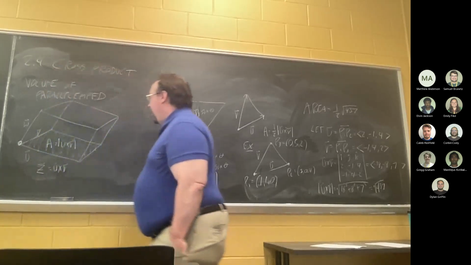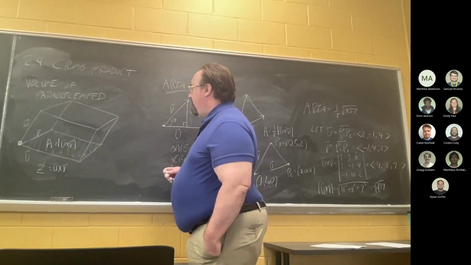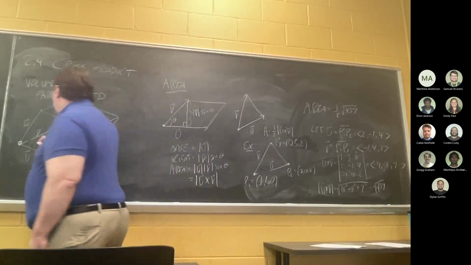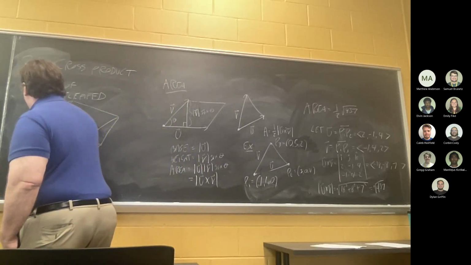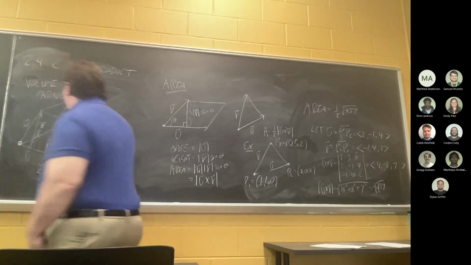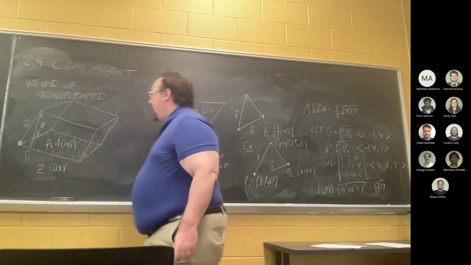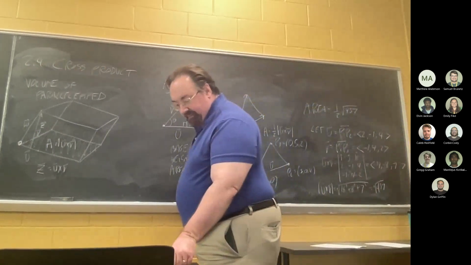That is the vector that is orthogonal to both U and V, so it'll be a vector going in this direction, perpendicular to the entire parallelogram that is the base.